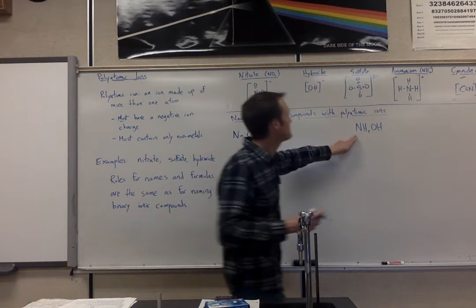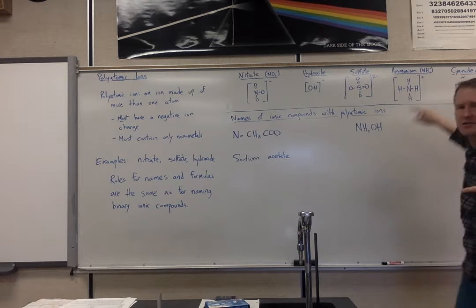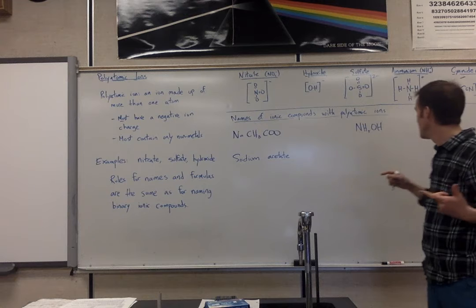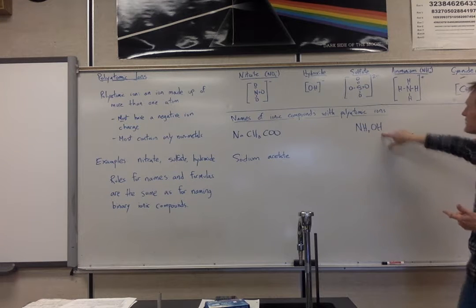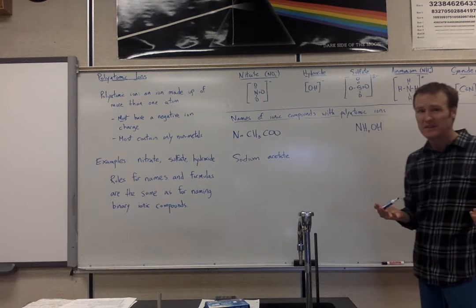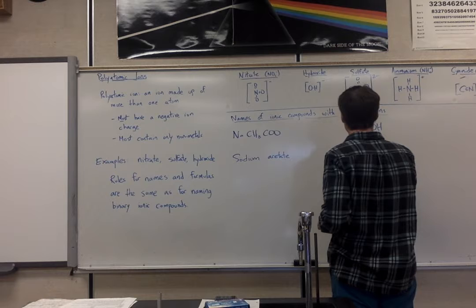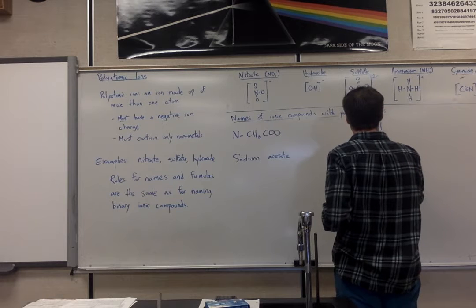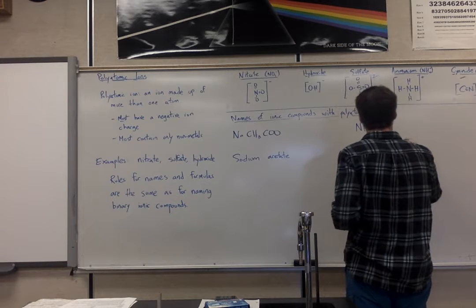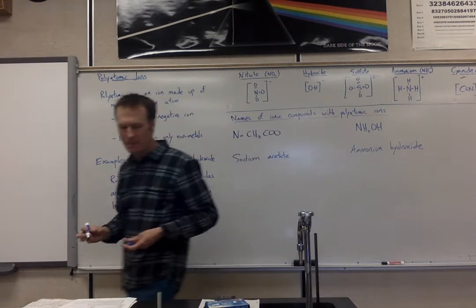The NH4 is the ammonium, NH4+, a nitrogen with 4 hydrogen atoms around it with an overall +1 charge. Then we've got that OH-. Oh, there it is, hydroxide. So in fact, this is just a matter of knowing the names of your ions. This stuff here is ammonium hydroxide.